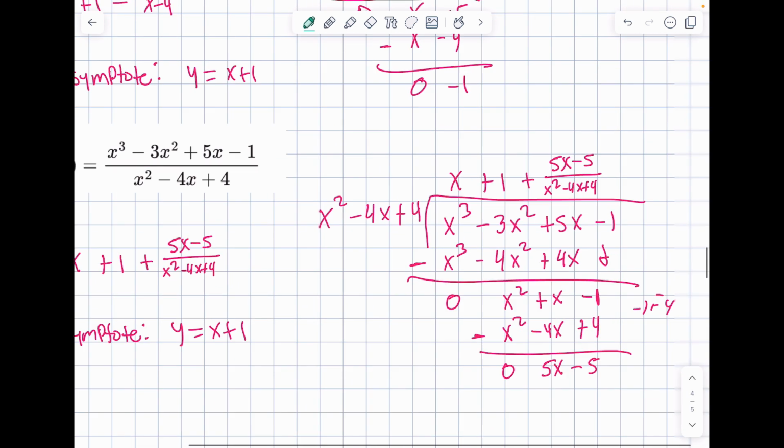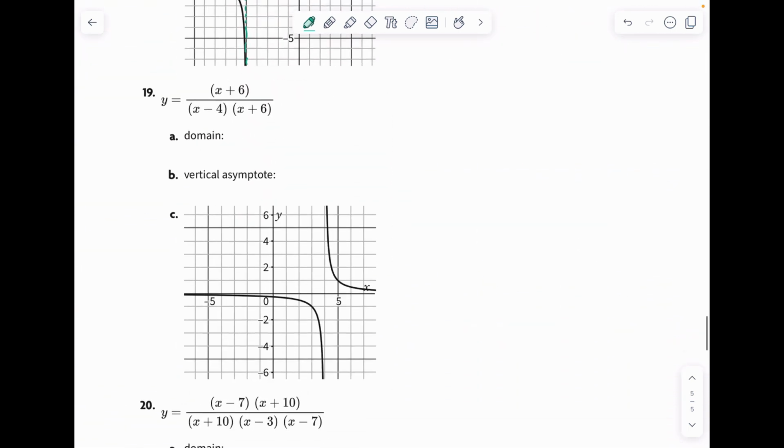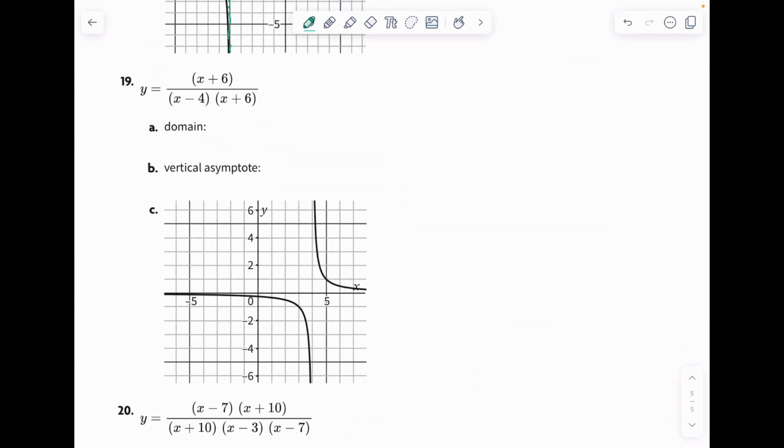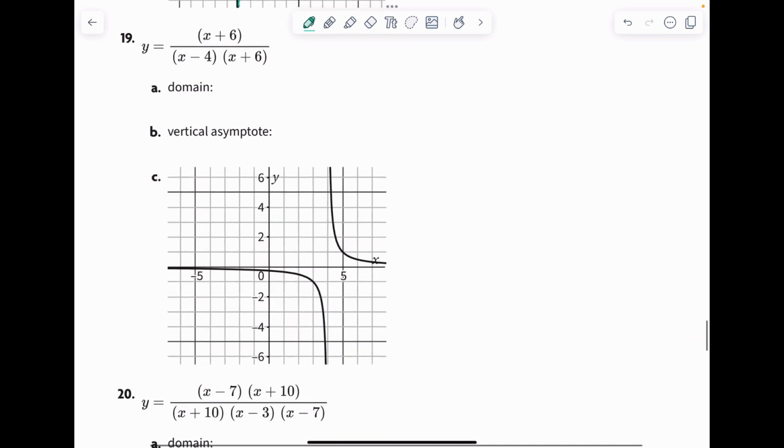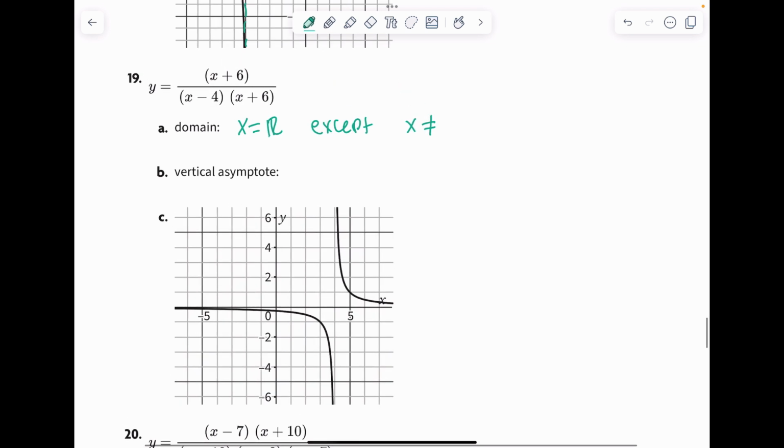Okay, perfect. What about 19? Again, my domain for these from the graph, you can tell that it's x is equal to all real numbers, except x cannot equal negative 6, 4, right?